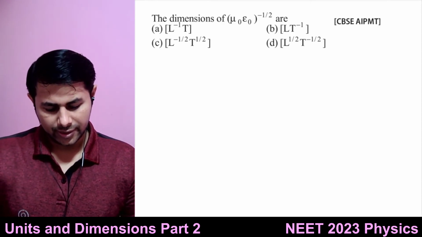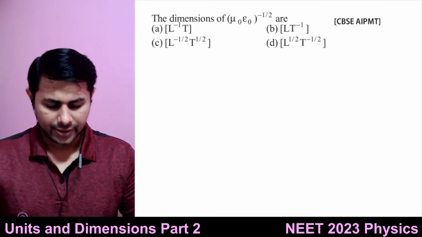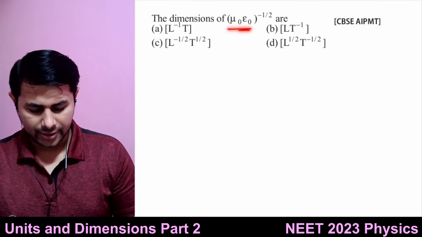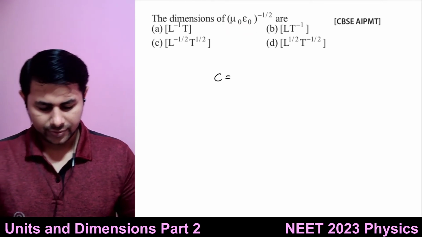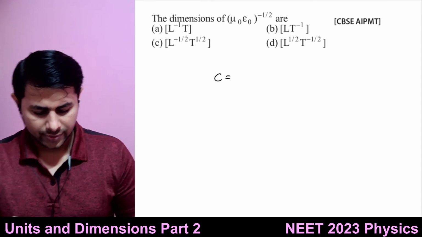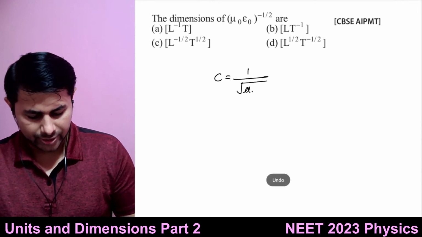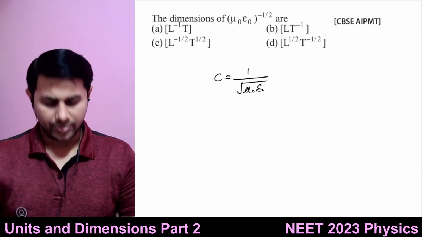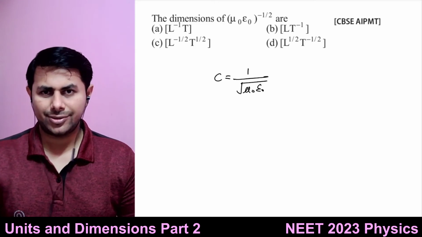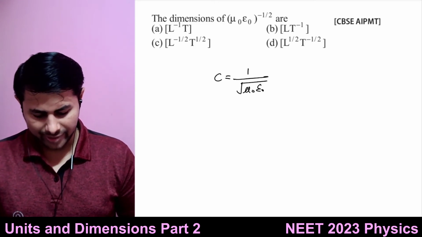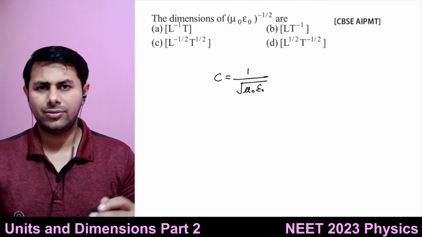So this is the formula for the velocity of light: C is equal to 1 by root of mu naught epsilon naught. If you know this formula, then you know these dimensions. Exactly the same thing is given over here, mu naught epsilon naught raised to minus half.